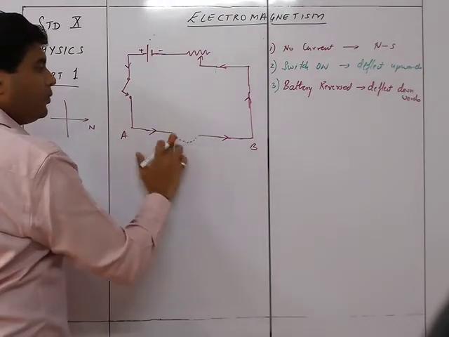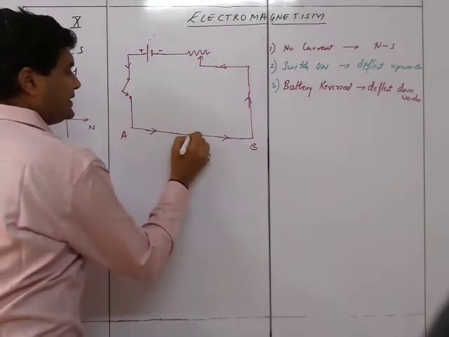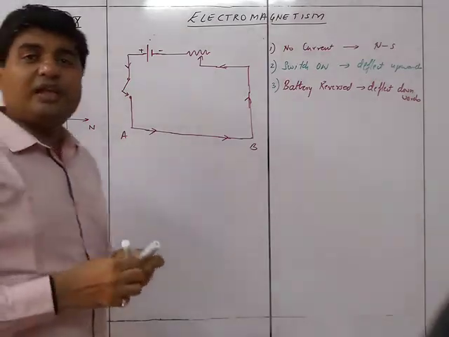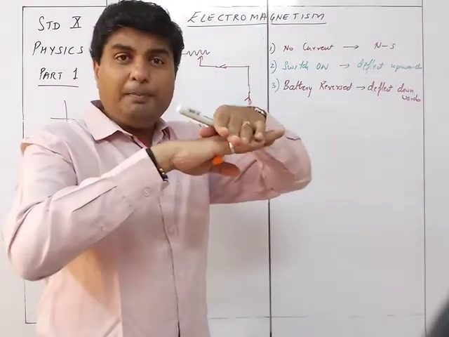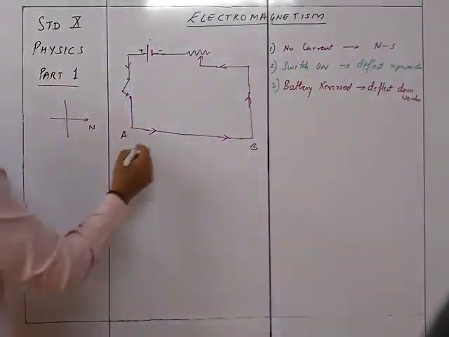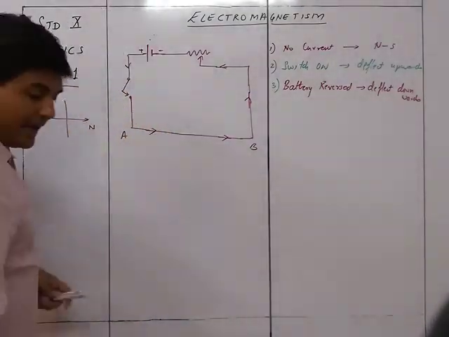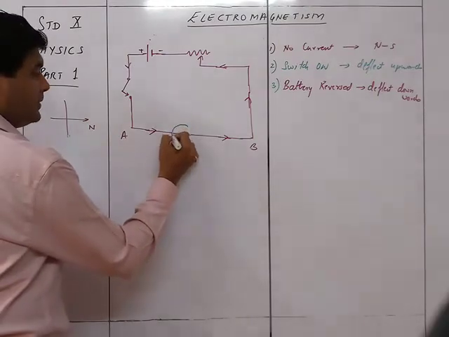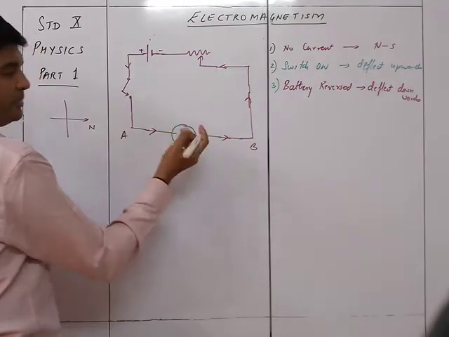What I do over here is that instead of keeping the compass below the wire, I keep it above the wire. So I am going to see a complete thing like this, and I will not be able to see the wire.